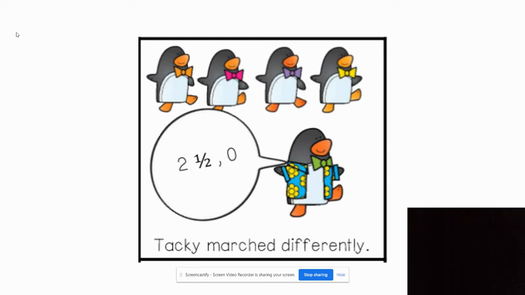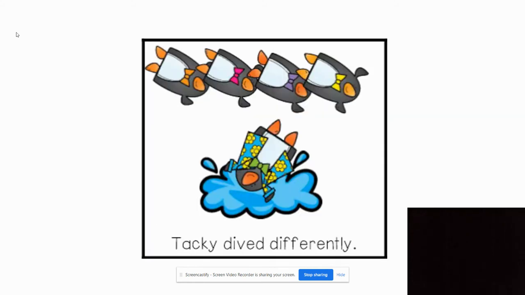All right, our third one looks like this. Tacky dived differently. He sure was unique. Find this picture with the 4 penguins diving neatly and Tacky diving crazily into the blue water.